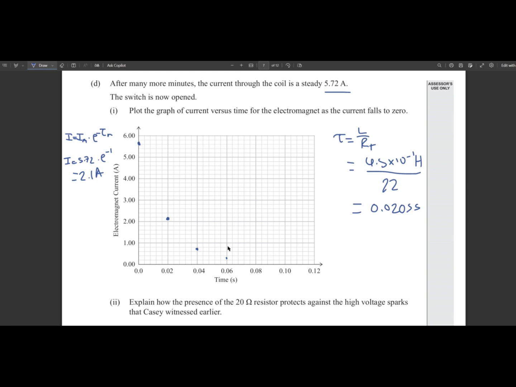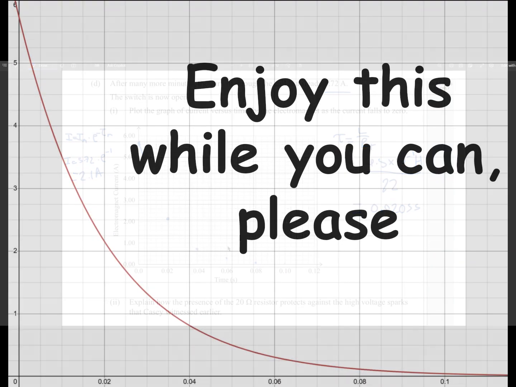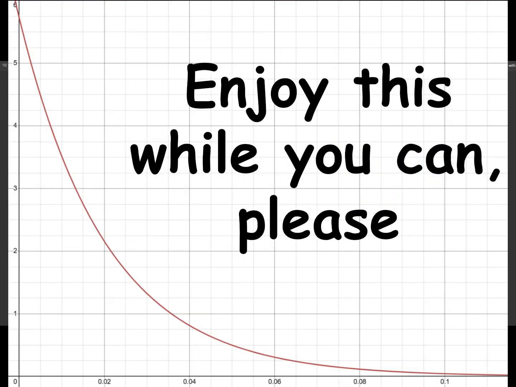After 4 time constants, I get 0.1. And after 5 time constants, I get 0.039, which is very close to the 0 mark. And connecting all of the dots, just assume it's a nice exponential.